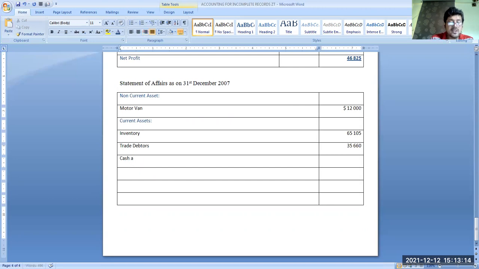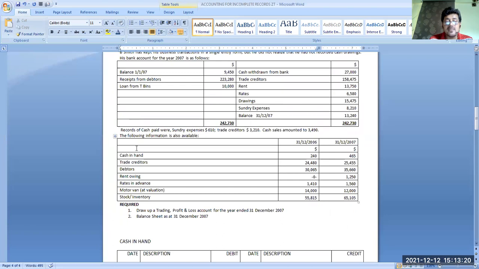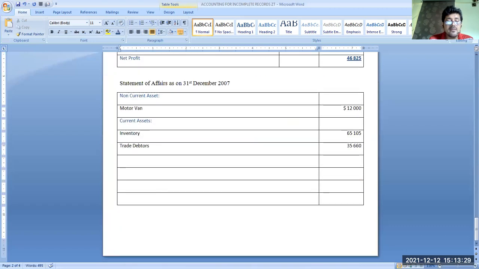Then cash. Sorry, prepaids. We will have prepaids. Prepaid rates 1,560. Then cash at bank.